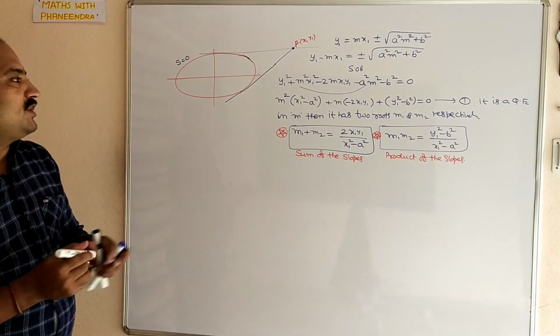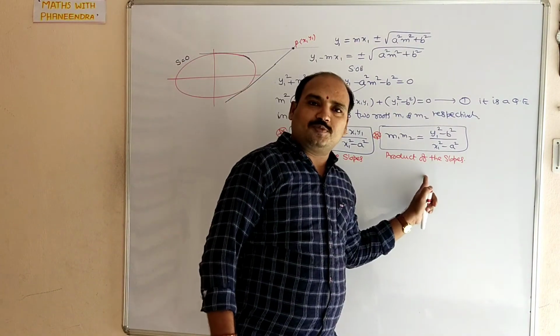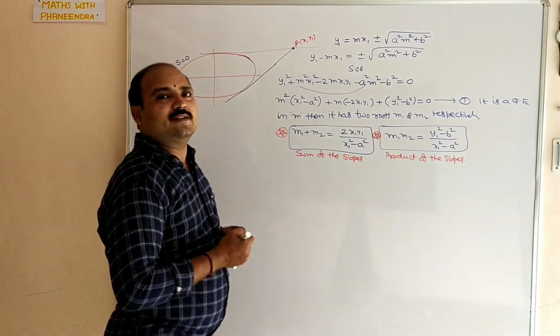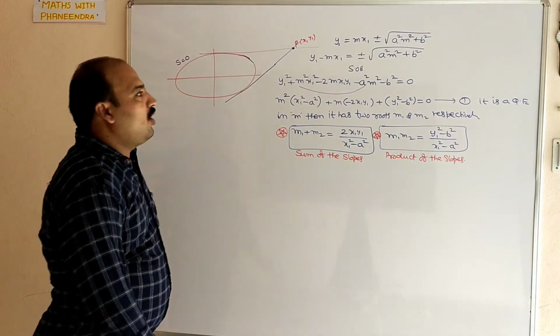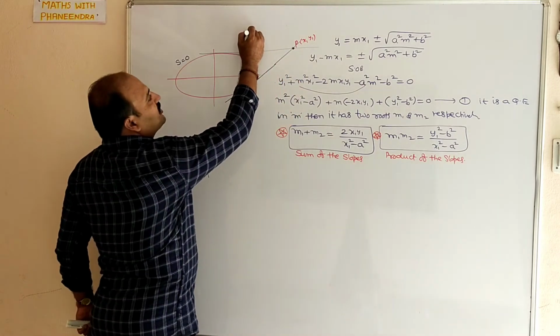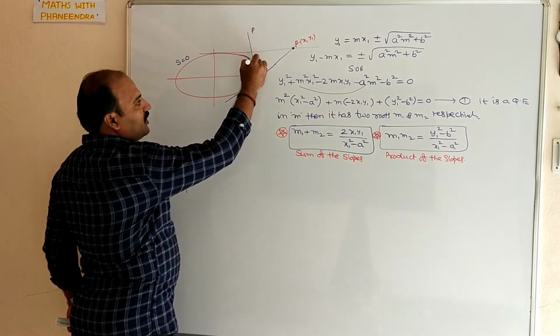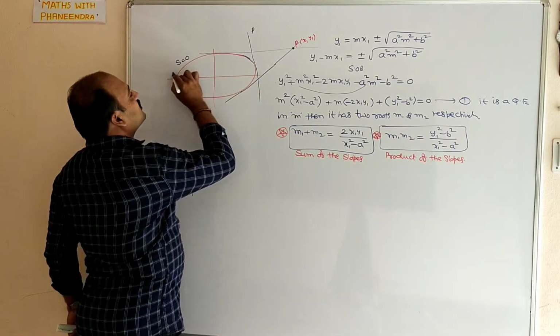After getting these two important results, based on the product of the root slopes, we have one important result that is called the director circle. What is meant by director circle? Suppose we take one point here, and from here I draw one tangent, and this is another tangent.